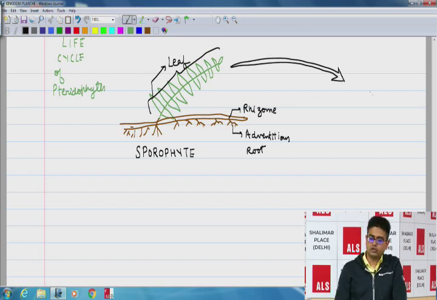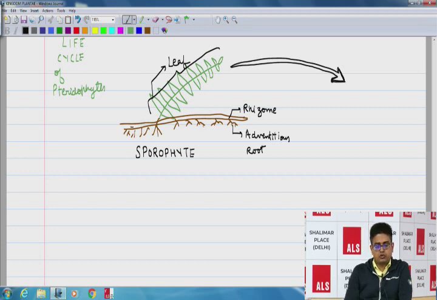Now we take this sporophyte and it is producing spores. So where is the spore producing structure?